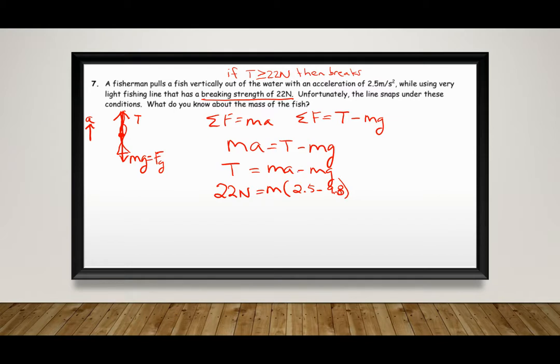Oh, if you look at that, this is actually plus, and this is plus. So 2.5 plus 9.8 times the mass equals 22 newtons. If I divide both sides by that, I end up getting that the mass of my fish must be equal to or greater than 1.8 kilograms.